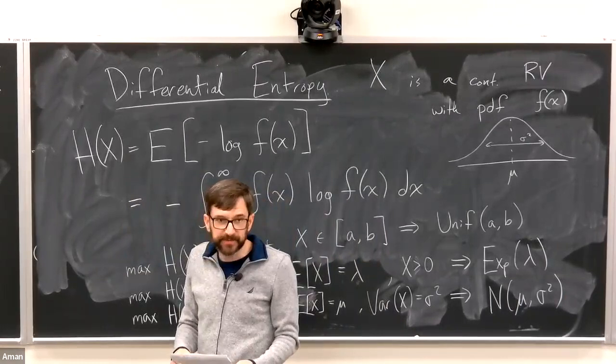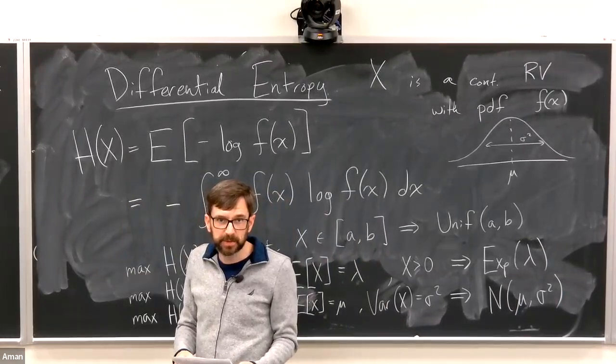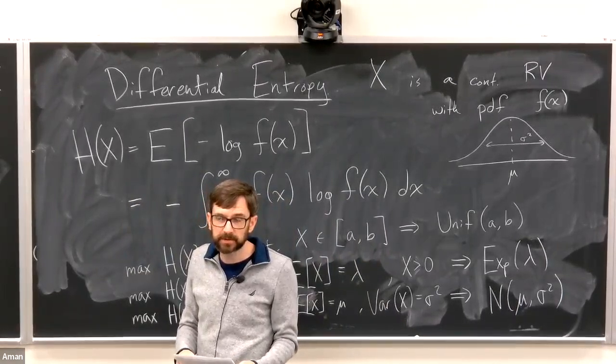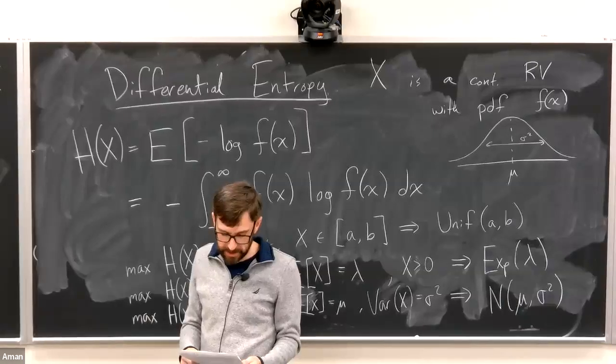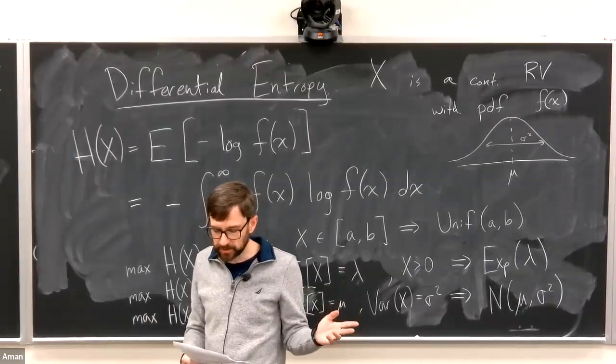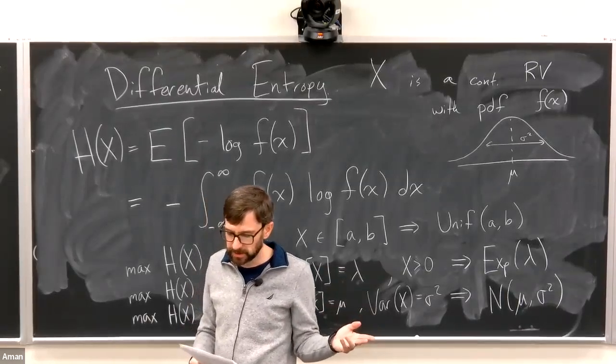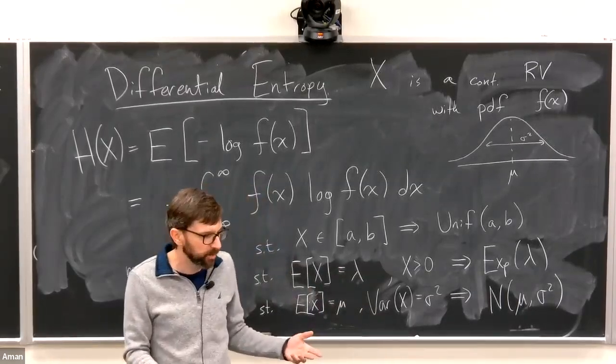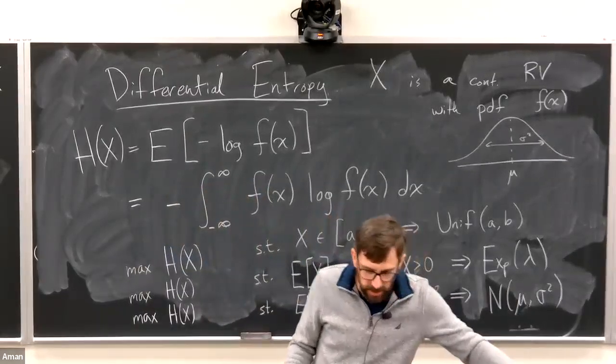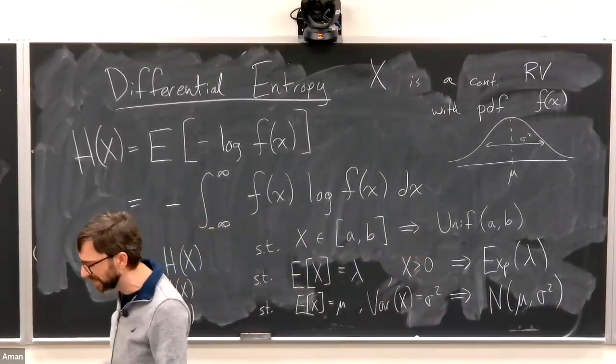In the last 5 minutes, I'm just going to set up a reminder. Let me define Kullback-Leibler divergence. We've already defined it, so I'll just give a reminder of why we like it and care about it, and what it has to do with entropy.